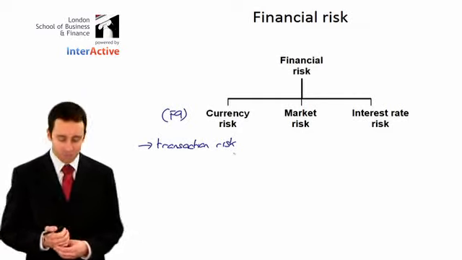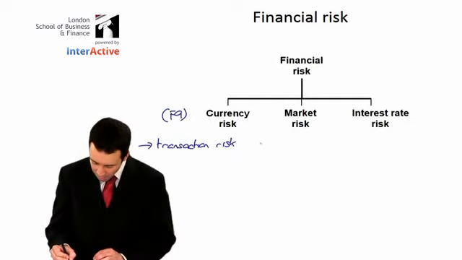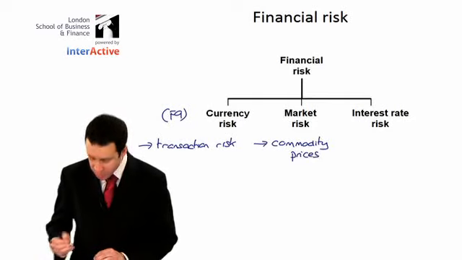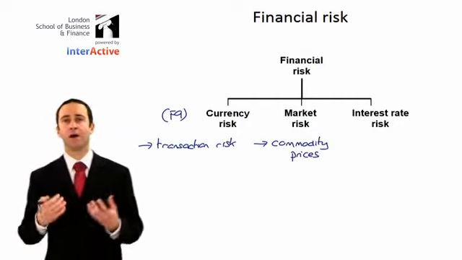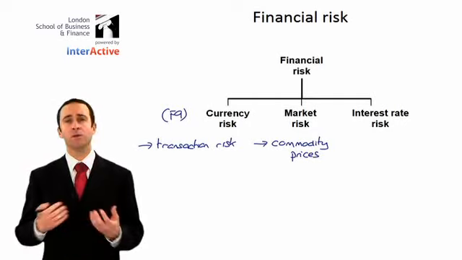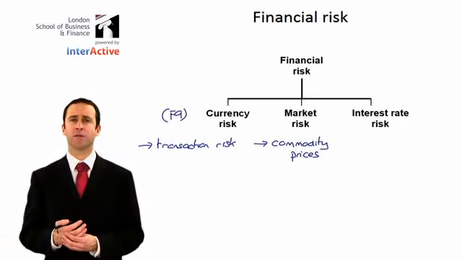What we also have in terms of financial risk is market risk, sometimes referred to as price risk, because what we're looking at there is your commodity prices that may change. So if you're a jewellery manufacturer producing gold jewellery, you'll need to buy some gold in the future.